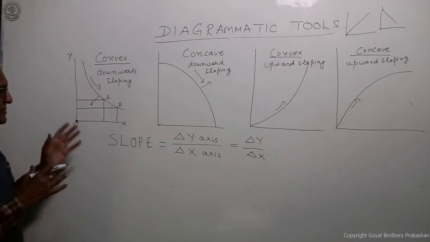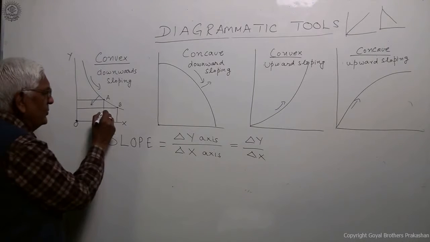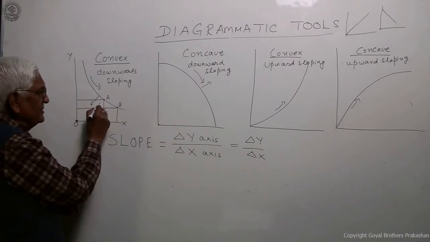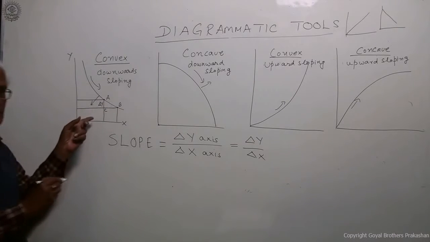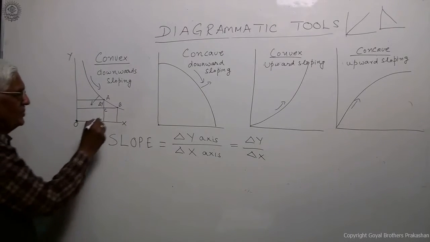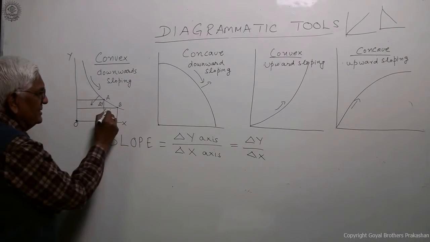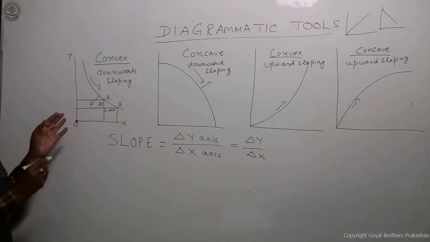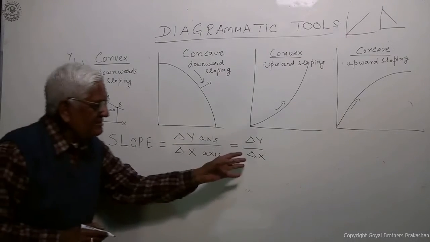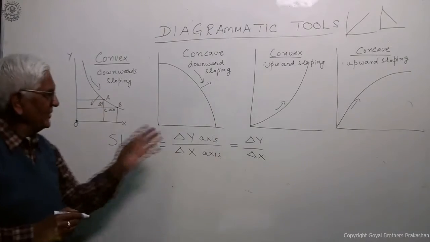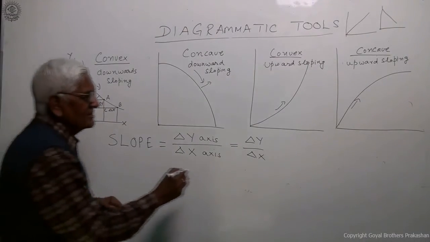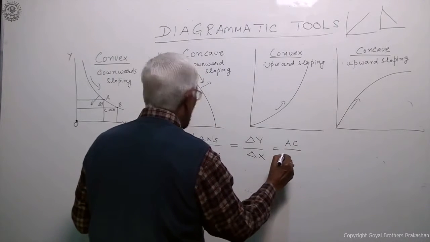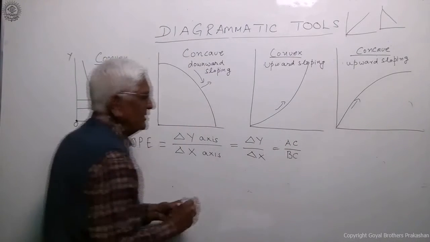Now you see, what is delta Y? If I suppose I give you C here, then delta Y is AC. And suppose I CB, then this is delta X. So if I apply this method here, then in this case, the slope will be equal to AC upon BC.